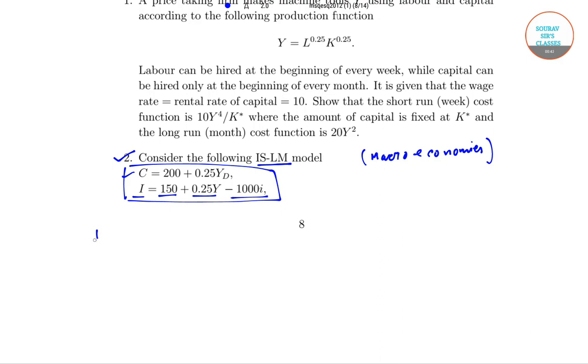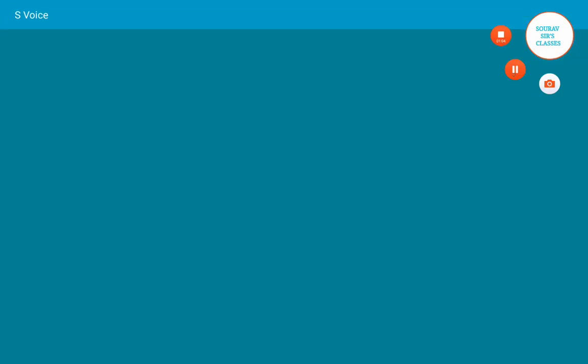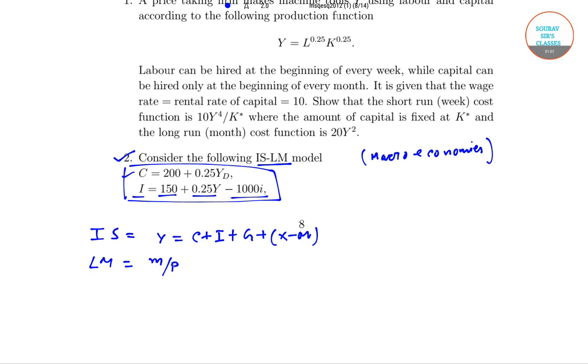For the ISLM model, first of all, we know the IS equation is given as Y equals C plus I plus G plus NX, which is X minus M. We already know this, and the LM equation we know to be M by P equals L(Y, I). This basically means the LM function depends on income and interest rate.